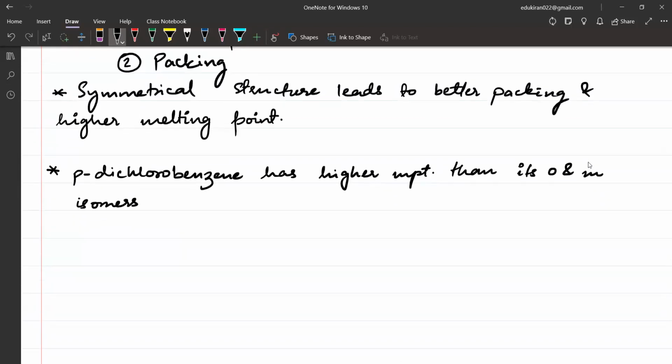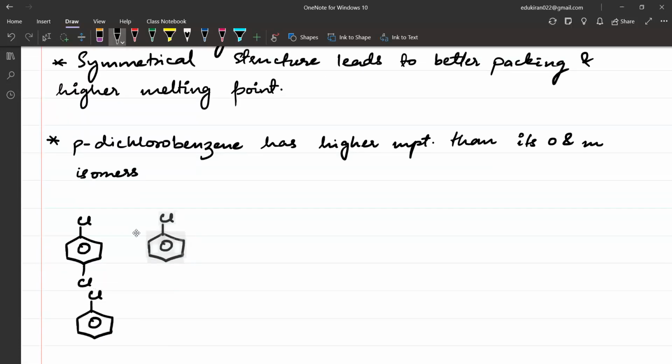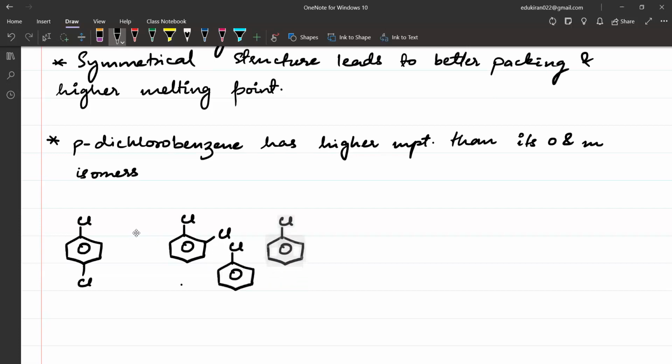If you look at p-dichlorobenzene, para-dichlorobenzene, it is something like this. So it is symmetrical in nature. But if you look at ortho, it is not symmetrical, and meta is also not symmetrical.